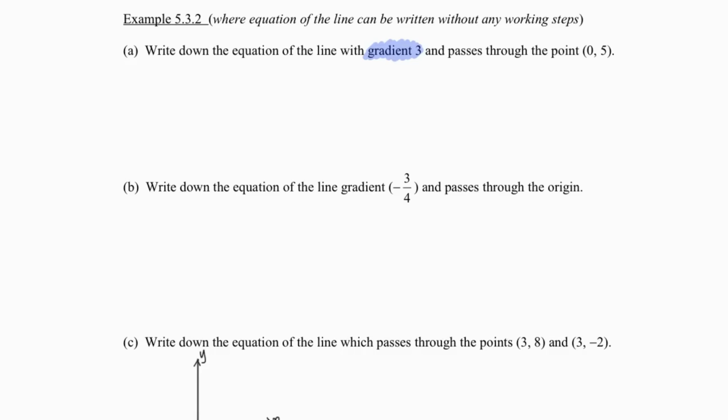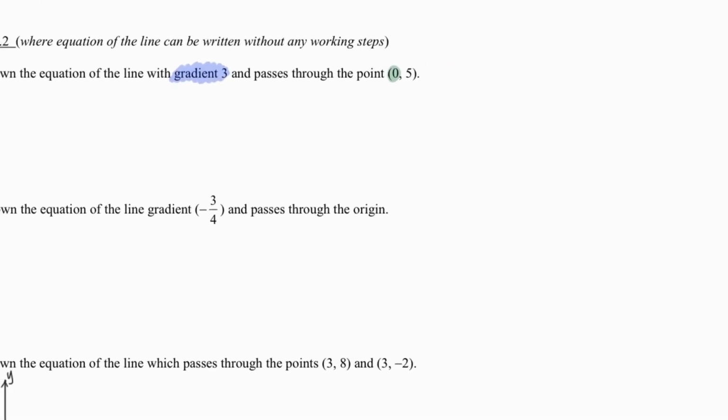Do you see that in this 0, 5, the x value is 0? This tells me a very important thing. If I were to plot this point at the side here, x is 0, y is 5.